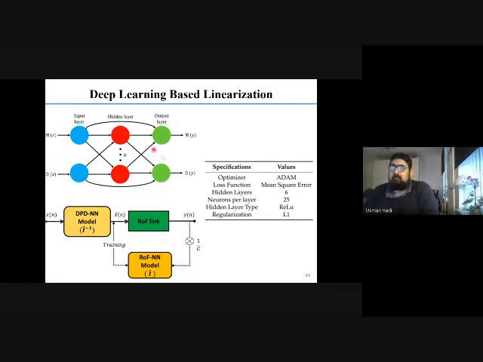Here we used ADAM as the optimizer and mean squared error as the loss function. We used 6 hidden layers, with 25 neurons per layer. We used ReLU as the hidden layer activation, and for regularization we used L1. We also tried L2 and dropout, but the best one that behaved with this type of system is L1. So this gives you a flavor of the values we used for our system.